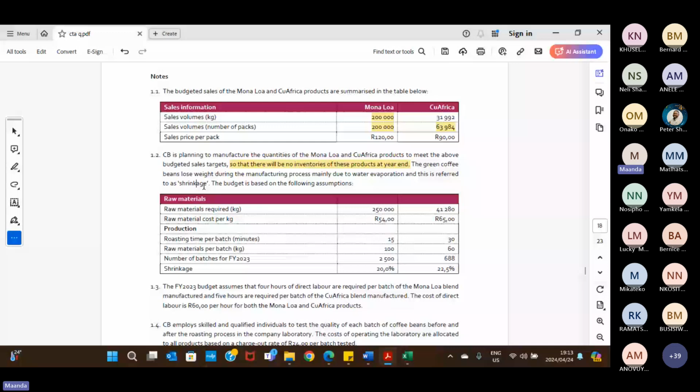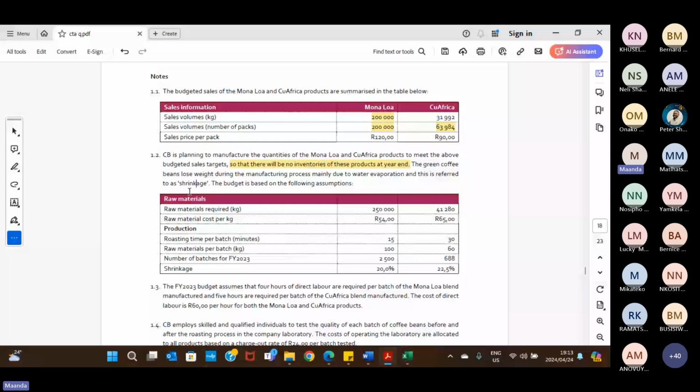Now it's starting to get complicated. I'm going to have a quantity which is an input, but the input won't be equal to the output, because during that process I'm going to have water evaporation and it's going to shrink. Then I'm going to have less output as compared to what I put in as my input. And the output is what I'm going to sell, right?